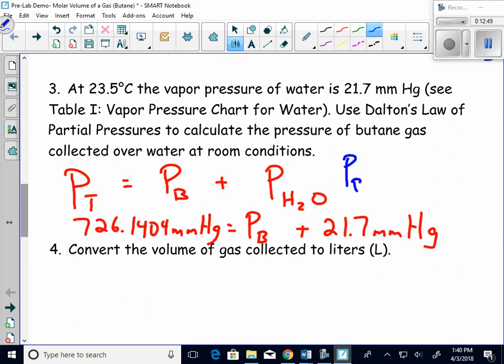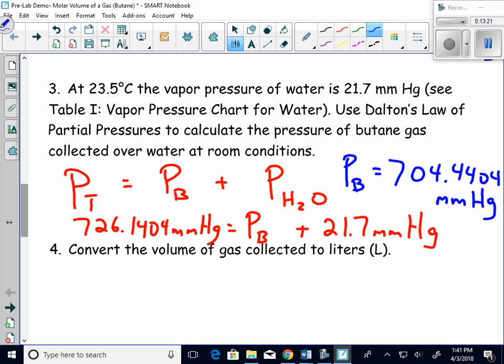So the pressure of the butane gas is going to be 704.4404 millimeters of mercury. Once again, how did I get that? I took the 726.1404 and I subtracted 21.7 millimeters of mercury.